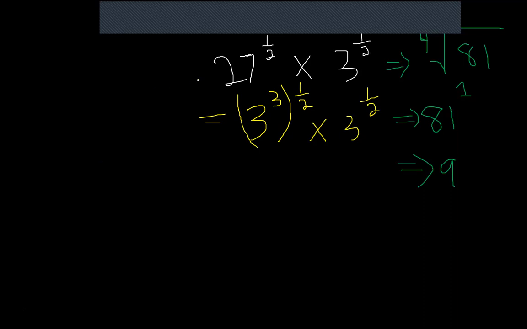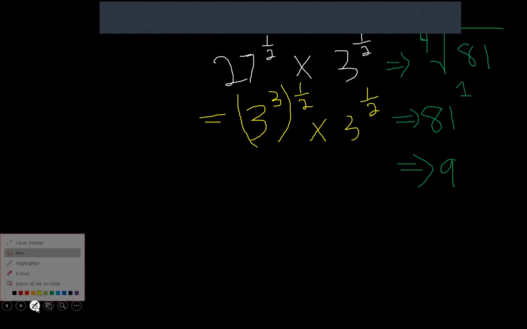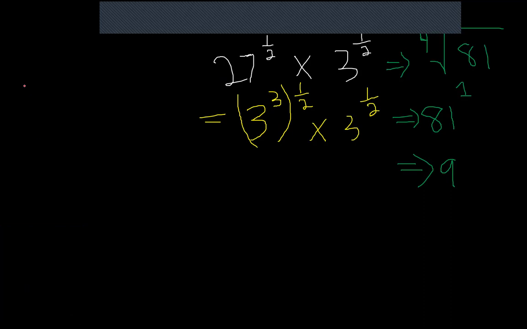So you might be wondering, why would I convert 27 to 3 cubed? There are different ways to do this. This is just one way, the way I would do it. I converted 27 to 3 cubed because most of the rules I have require the same base, so I could apply this rule when multiplying them.